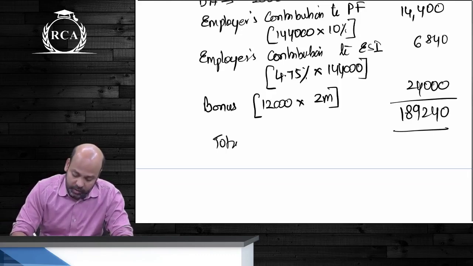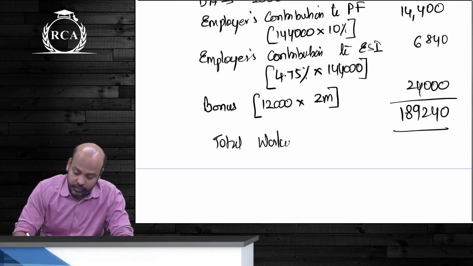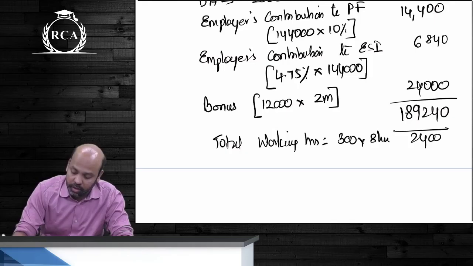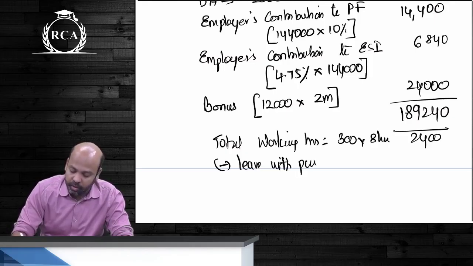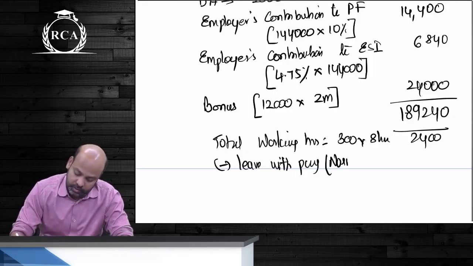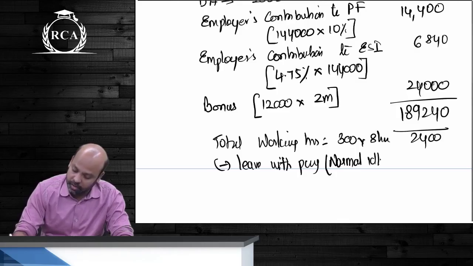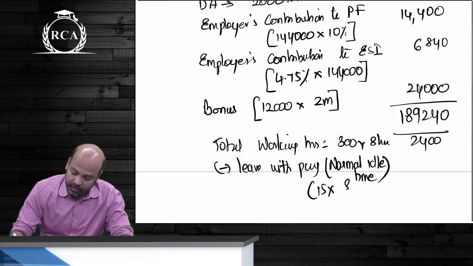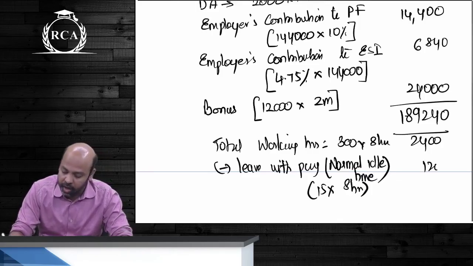Total working hours in a year, 300 days into 8 hours, 2,400. Minus beta leave with pay. Leave with pay guys will always be normal idle time. 15 days into 8 hours, 120, so 2,280 hours.